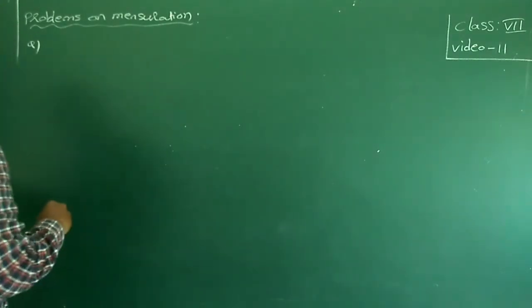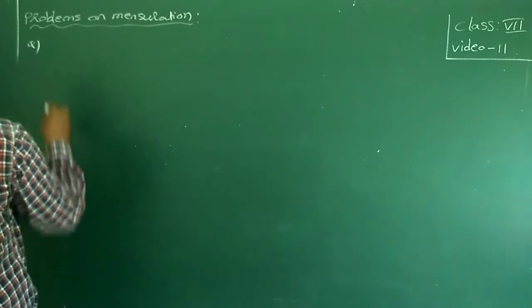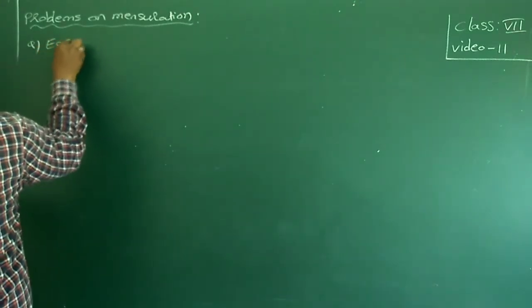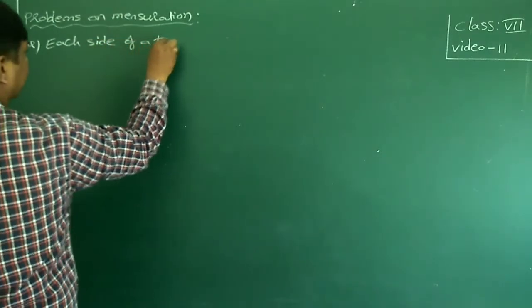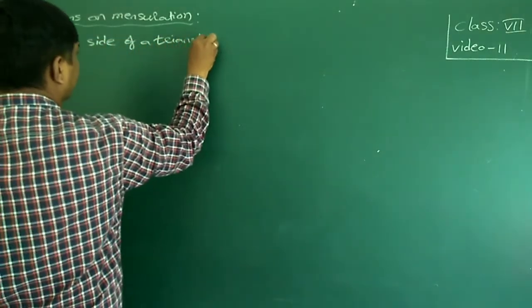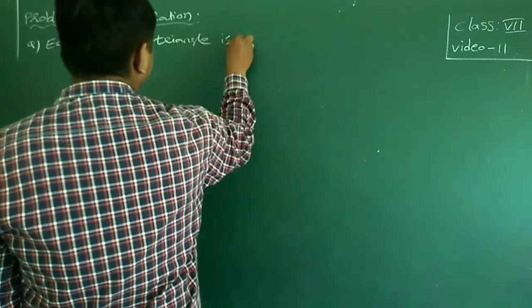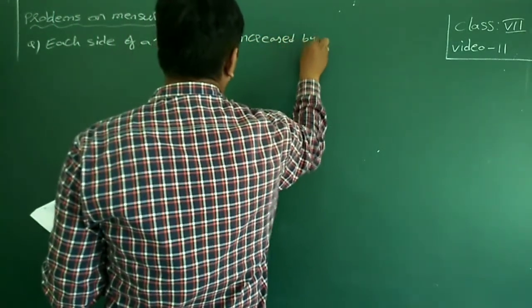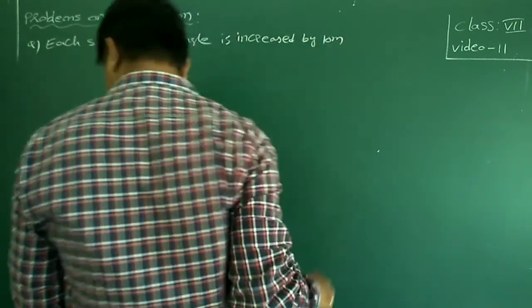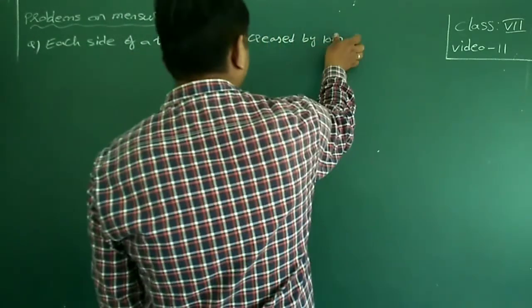Each side of a triangle is increased by 10 centimeters.